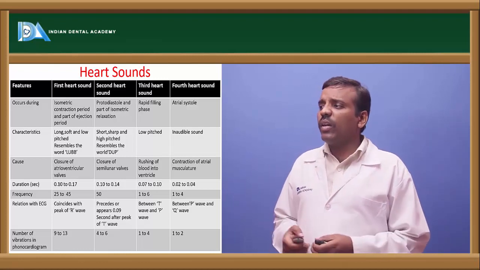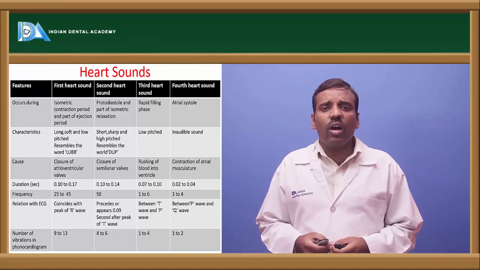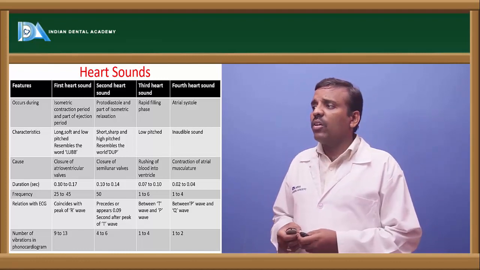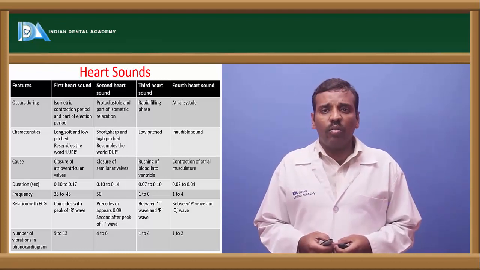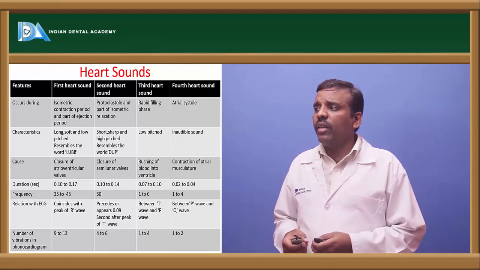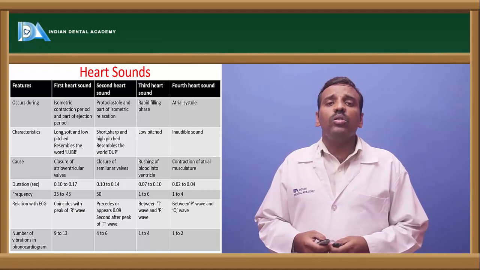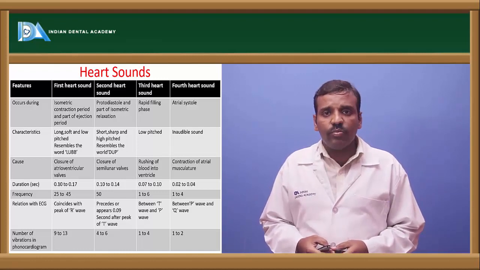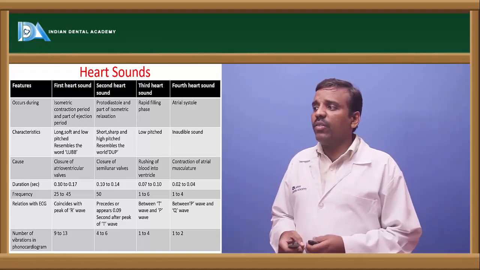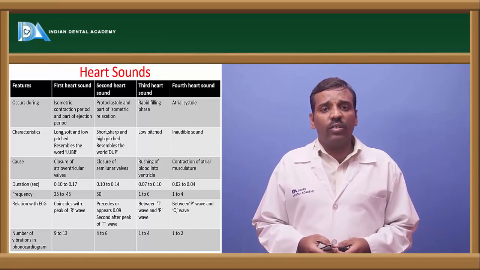And next, the cause of this first heart sound is closure of the atrioventricular valves, and the duration is about 0.10 to 0.17 seconds, and the frequency is about 25 to 45.